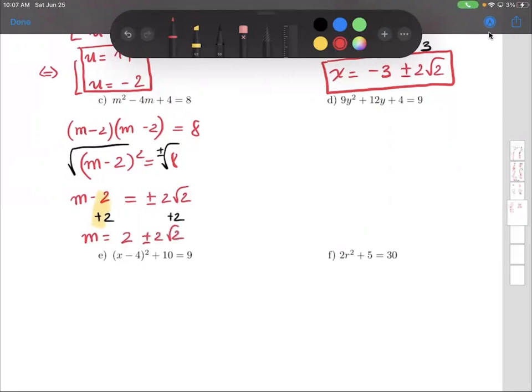I hope you're not going to combine the two together. They are not like terms. One is 2 times the square root of 2. The other one is just 2. They're two different things. Again, we have two solutions, which makes sense because it's quadratic.